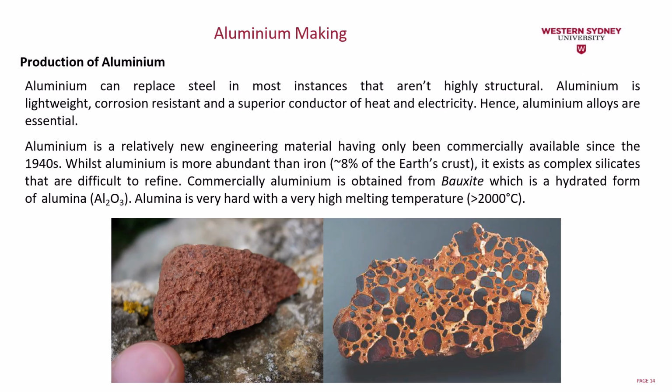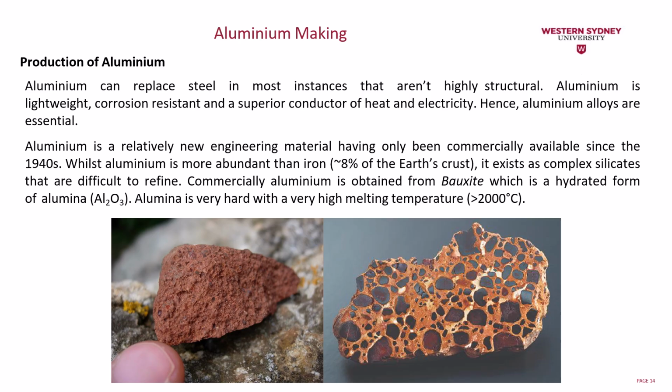Aluminium is a relatively new engineering material, having only been commercially available since the 1940s. While aluminium is more abundant than iron, at around 8% of the Earth's crust, it exists as complex silicates that are difficult to refine. Commercially, aluminium is obtained from bauxite, which is a hydrate of alumina, or Al2O3.